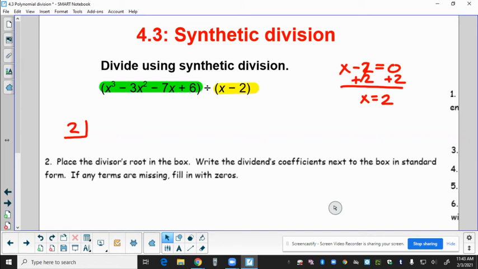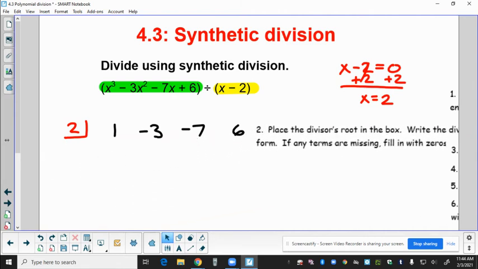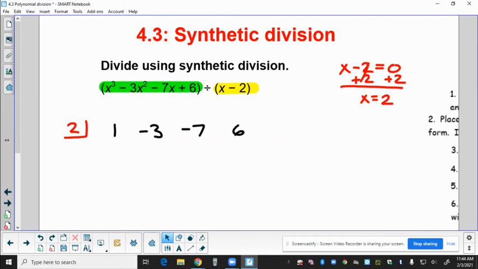And if any terms are missing, fill them in with zeros like we did in long division. So that dividend, the coefficients are 1, -3, -7, and 6. None of them are missing. Space out your work. You'll see why in a second. Stay organized. Okay, that's the second step. So it's kind of looking strange. You've never done anything like this before, but don't worry about it.